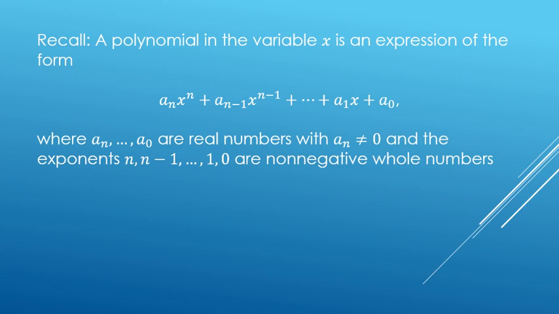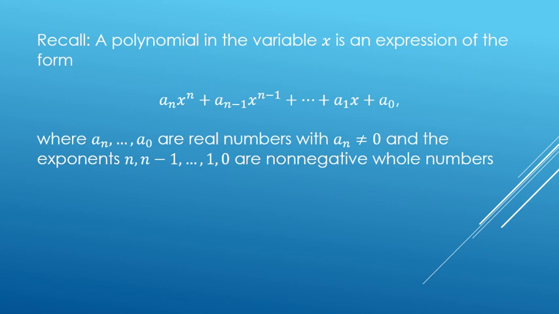Typically, they're going to be whole numbers that we're going to be working with, but they can be any real numbers whatsoever. And a sub n is not 0. And those exponents, n minus 1, those are non-negative whole numbers. So there's no negative powers, and there's no rational powers.